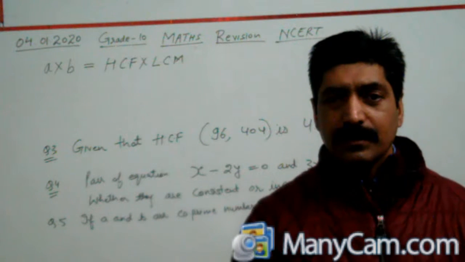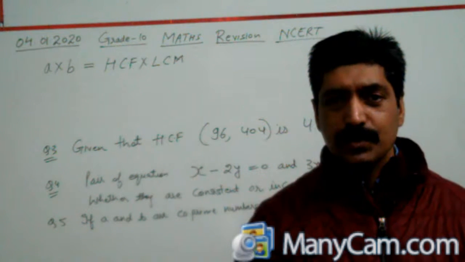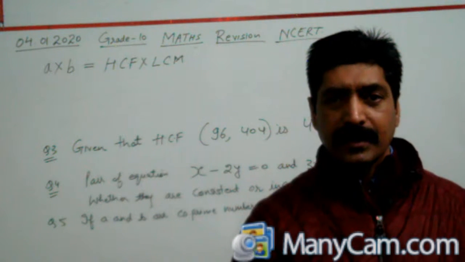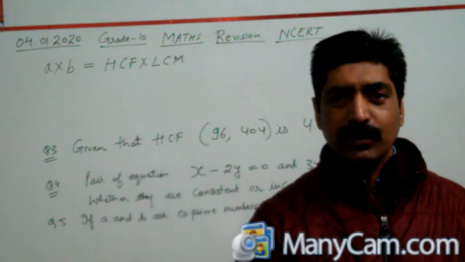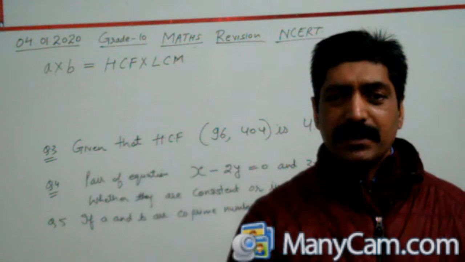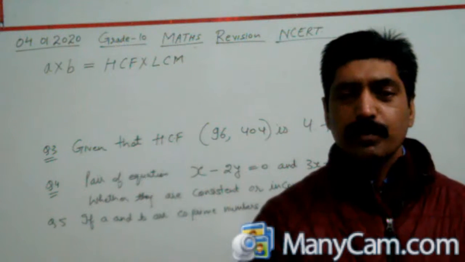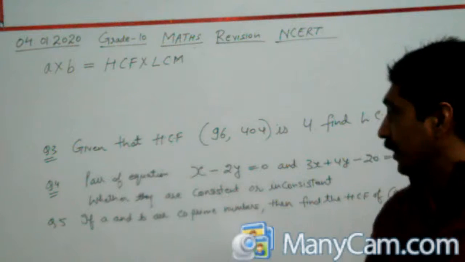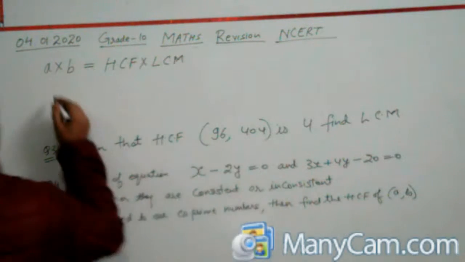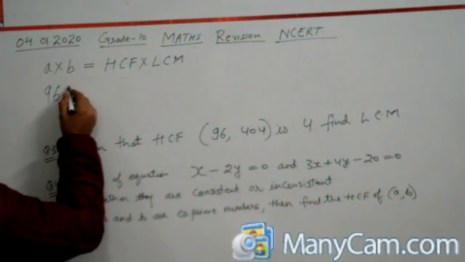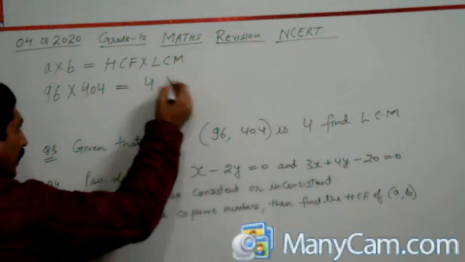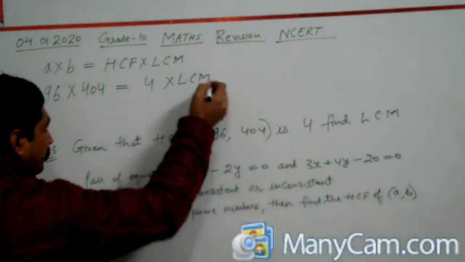By the prime factorization method, we should know how to find the HCF and LCM. So if two numbers A and B are given, then the product of these two numbers is always equal to the product of their LCM and HCF. So here we have two numbers, one is 96 and another is 404. HCF is given, HCF is 4, and LCM we are interested in, right?